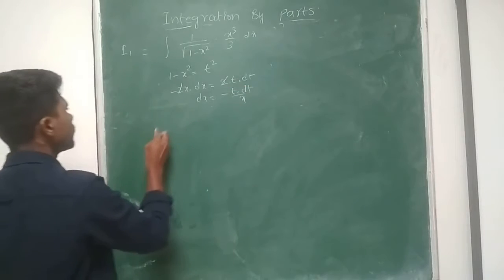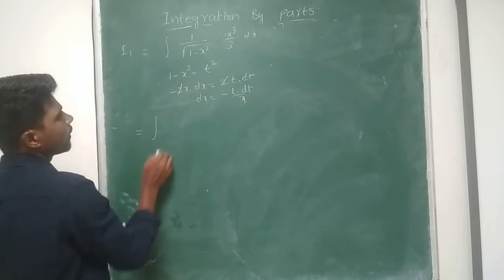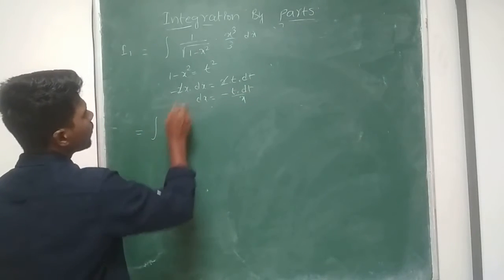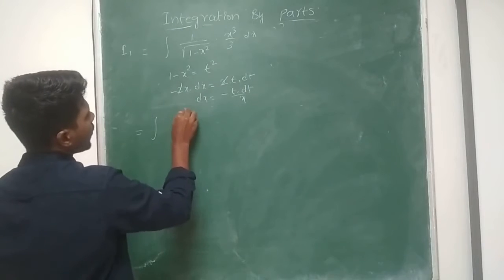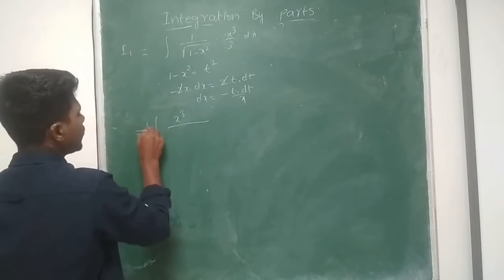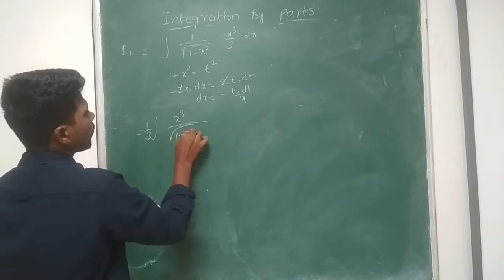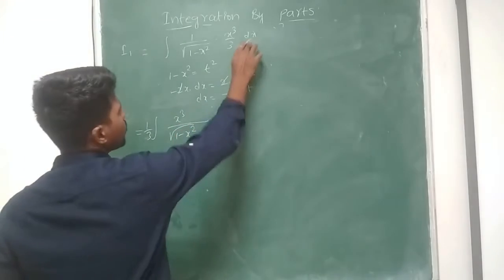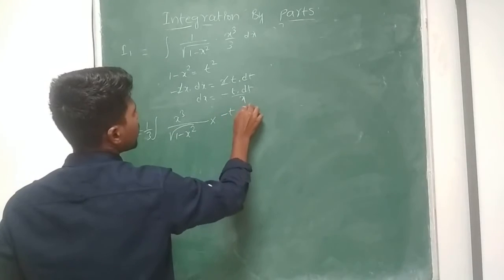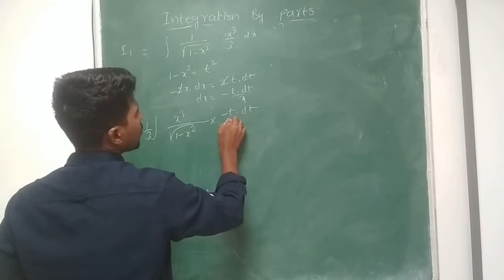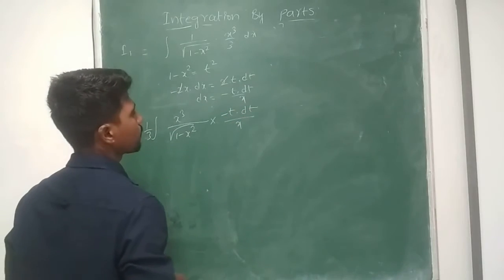Okay, replace it, then I'll get integral. x cube by 3 can be taken outside, right? So write it outside, x cube by root of 1 minus x square into dx I am replacing as minus t dt by x.